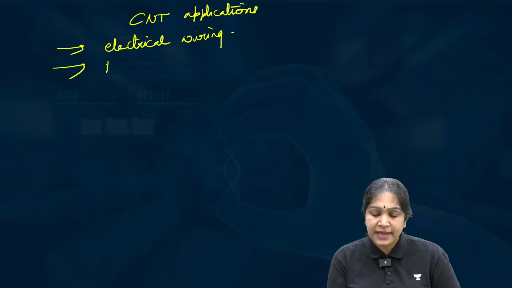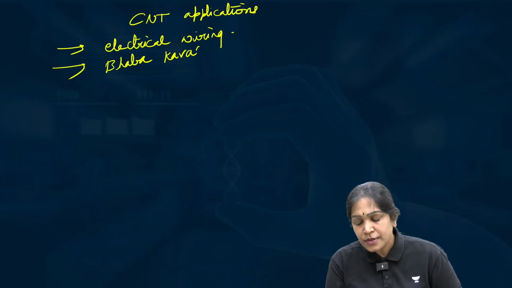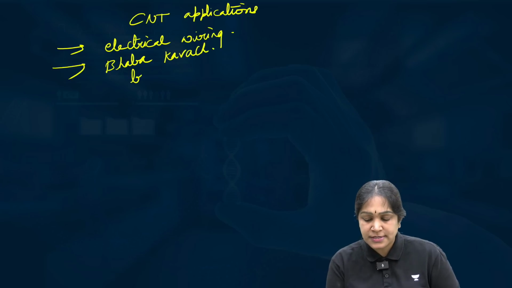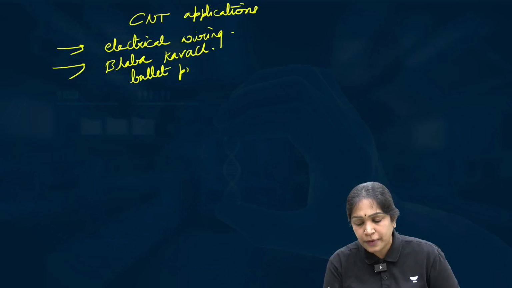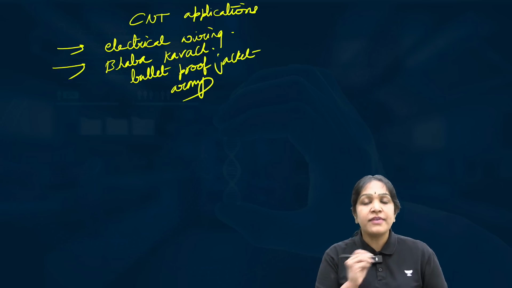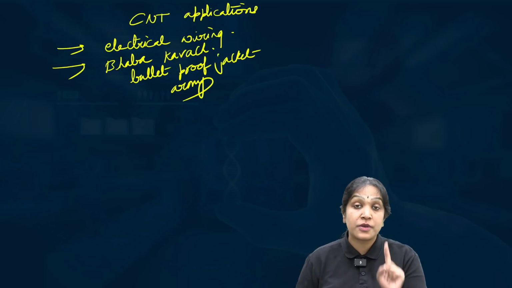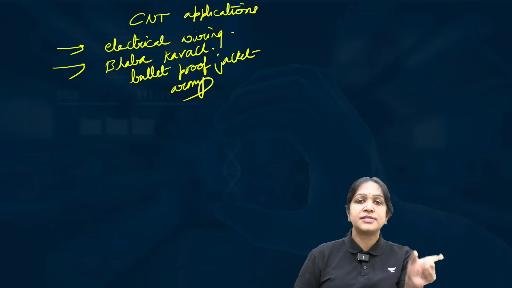One important application is Baba Kavach. So what is this Baba Kavach? This is a bulletproof jacket for our army. Why can we make a bulletproof jacket for our army using carbon nanotubes? Because it is 100 times stronger than steel.